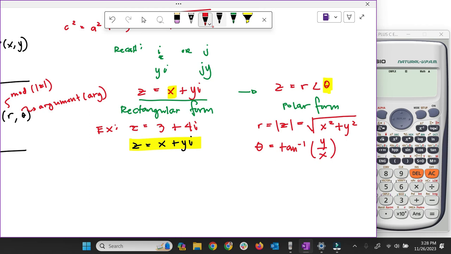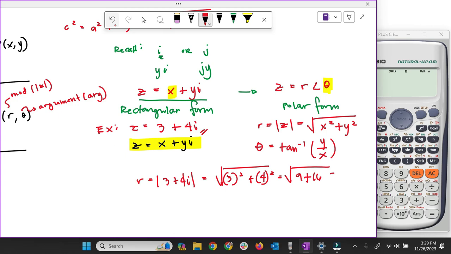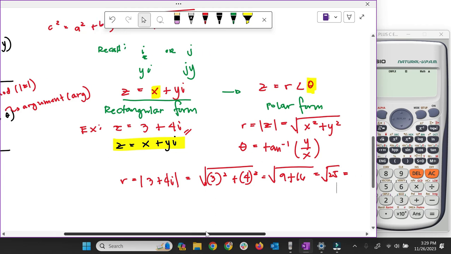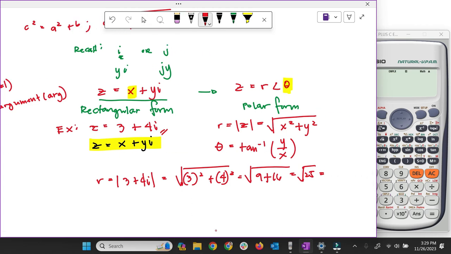Sige, let's try. Now, let's find the mod of this complex number. So, let's have the absolute value of 3 plus 4i. So, this will be the square root of 3 squared plus 4 squared. So, this will be the square root of 9 plus 16, which is the square root of 25, is equal to 5. So therefore, your mod or your r is equal to 5.